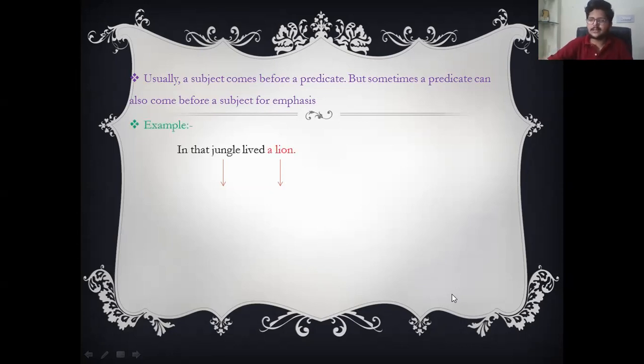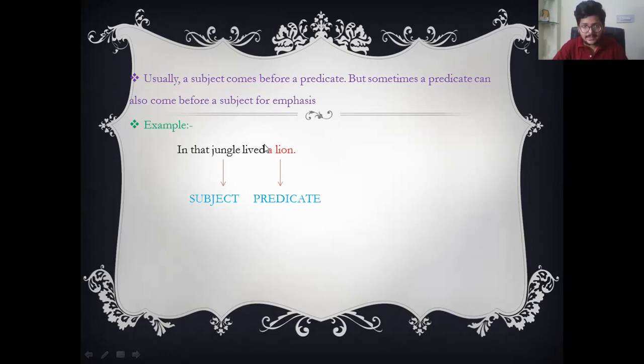In that jungle lived a lion. Okay, see, in that jungle lived a lion. So you can see that the sentence is talking about the lion. Here lion is at the last, and in that jungle lived is the predicate, but this is the subject which is written first.